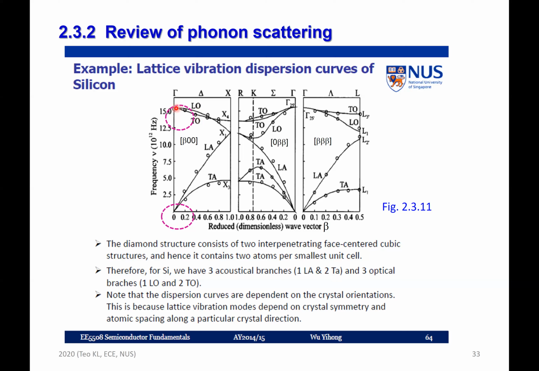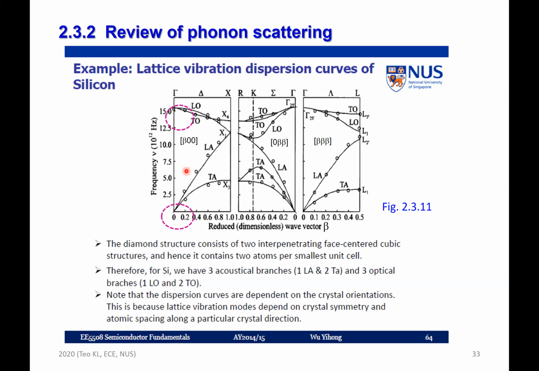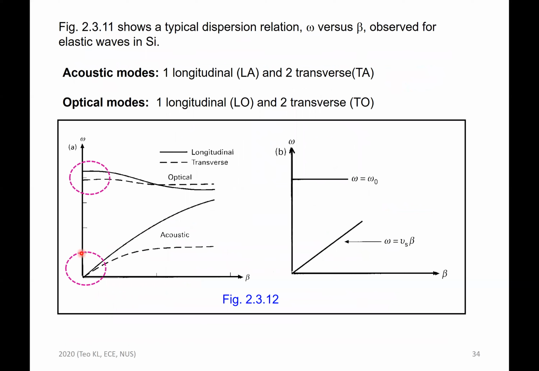Here it is almost flat. So we approximate the acoustic mode. Basically this is the expansion of this curve, and this part is linearly dependent for the phonon frequency as a function of beta for the acoustic mode.